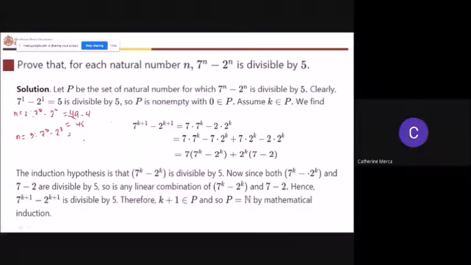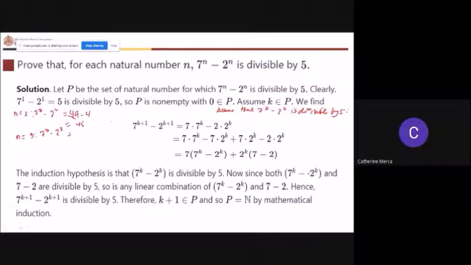We assume that 7 to the k minus 2 to the k is divisible by 5, k element of P. Ang ibig sabihin niyan, we assume that 7 to the k minus 2 to the k is divisible by 5.